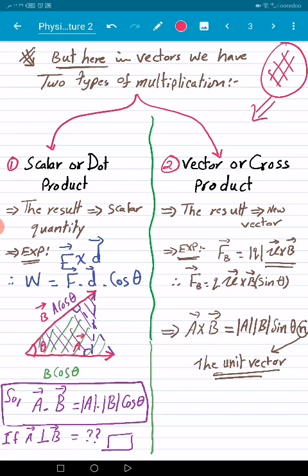So we have two types of multiplication. Number one is scalar or dot product. الضرب النقطي. Dot. Number two is factor or cross product. Cross product.